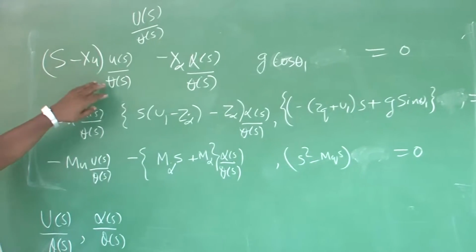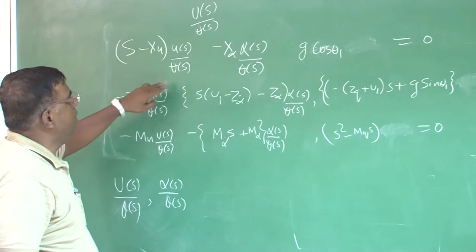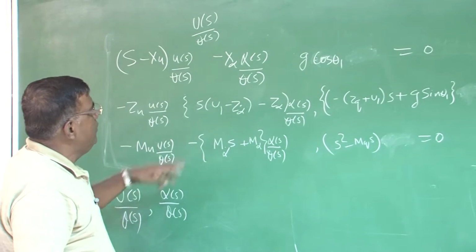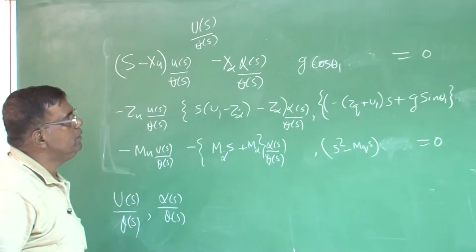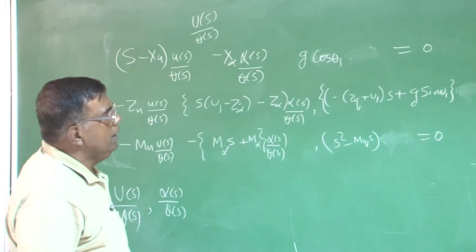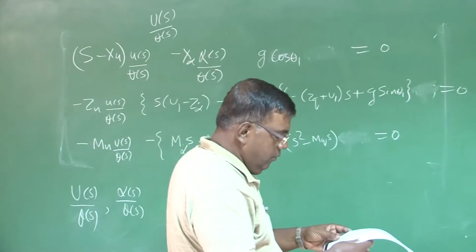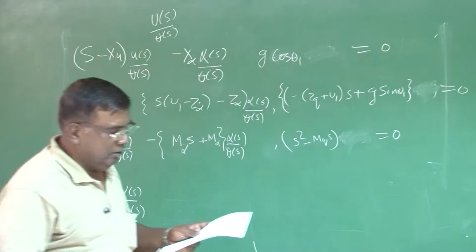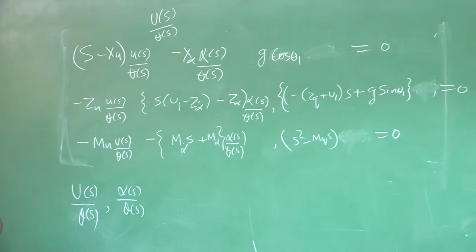Right? These are algebraic equations. You have to solve them to find u of s by theta of s, and you can find alpha of s by theta of s. Let's say the generic form is this, where a1, b1, c1 will have some expression.